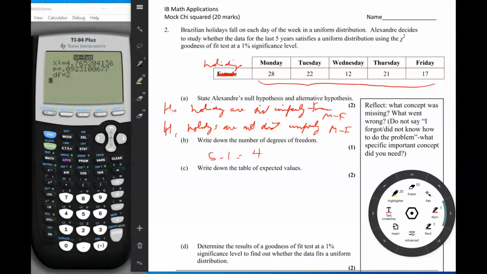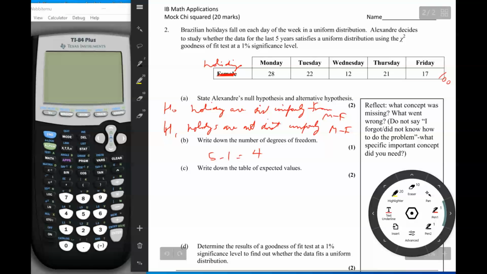Write down the table of expected values. Okay, in this particular case, we know that there should be a uniform distribution here. We just need to figure out what the total is. So what is the total for this matrix? Well, 28 plus 22, that's 50, plus 12, that's 62, 62 plus 21, that's 83, 83 plus 17, it's 100. So the total here is 100.